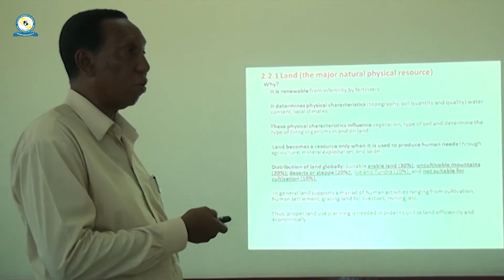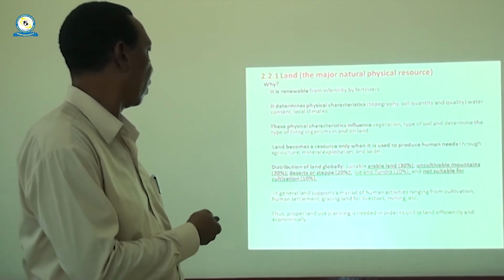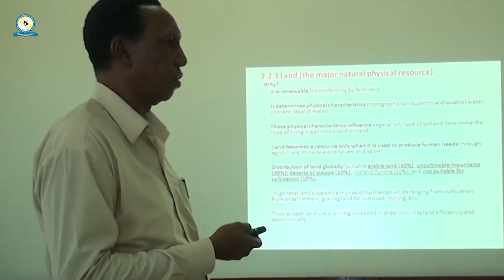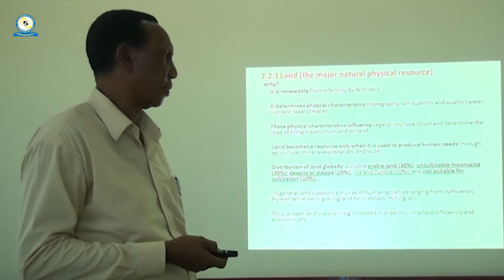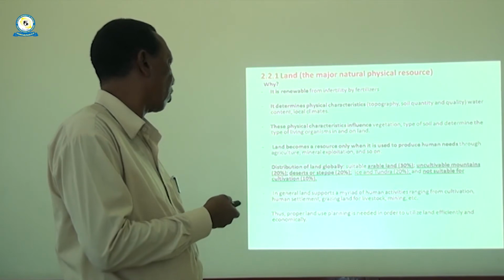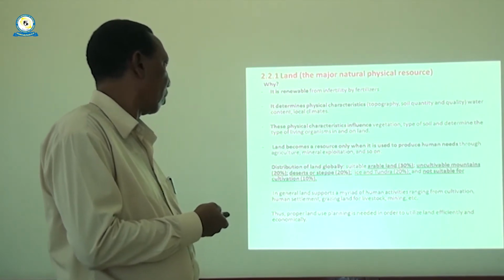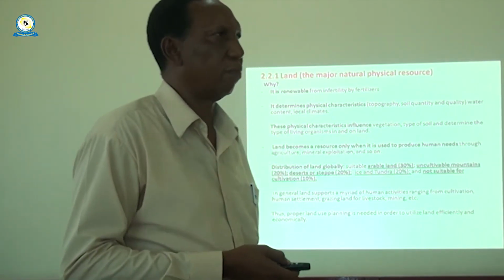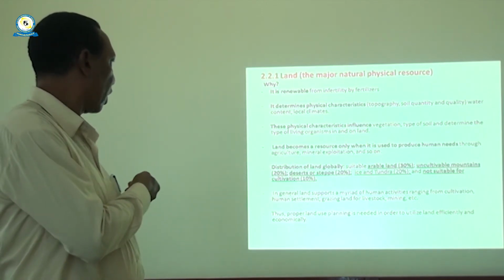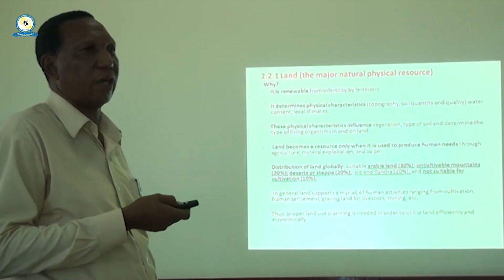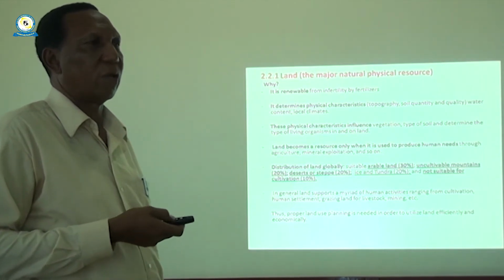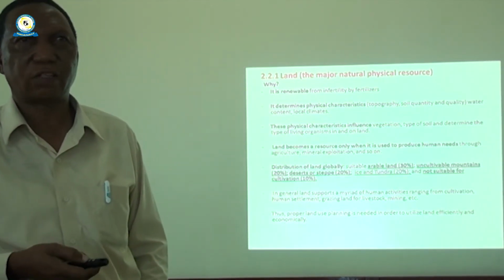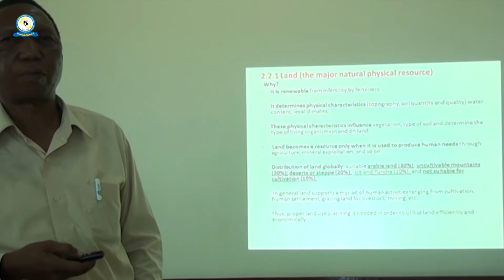So when you remove these negative or non-productive parts, you remain with more or less 30% to 40% out of 100 which can be utilized. Now, what does this mean? It means that we have to take measures that will ensure that land is conserved and becomes more productive.